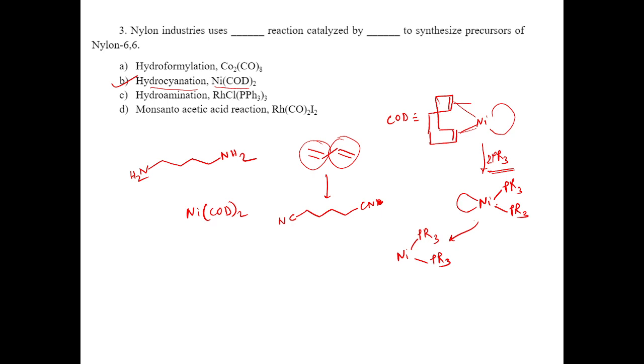And after that, what they actually do is use LiAlH4, lithium aluminum hydride, and then acidic hydrolysis, and then you will prepare this diamine.